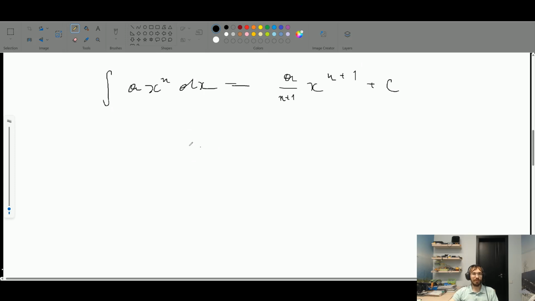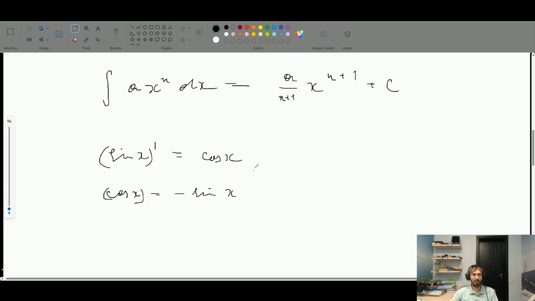However, there are different functions in this world, so we need to know how to integrate some of the most common. For example, you know that the derivative of sine x will be cosine x, and the derivative of cosine x will be minus sine x.